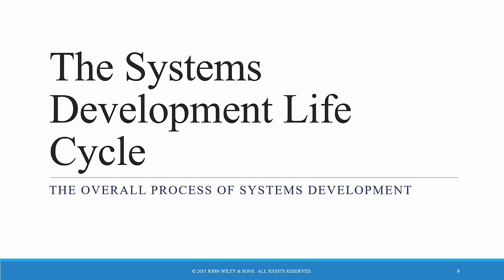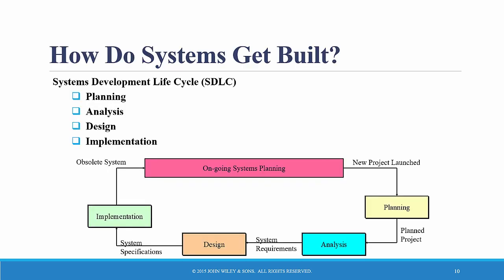Okay, let's spend just a couple of minutes talking about the systems development lifecycle, sometimes just called the SDLC. In our textbook, the Dennis Wixom Roth textbook, they propose and build on a definition of the SDLC that has 4 phases: planning, analysis, design, and implementation.